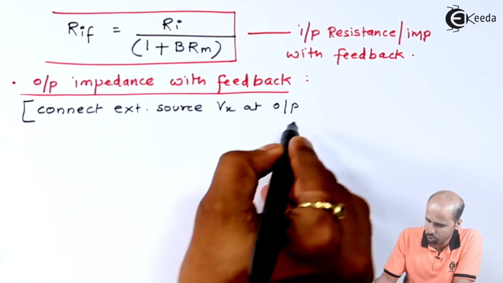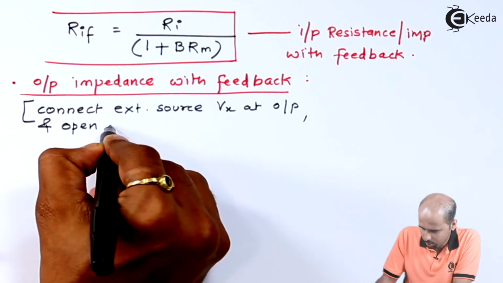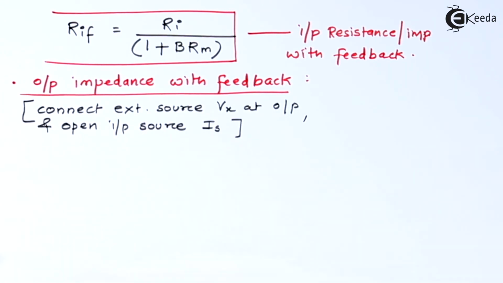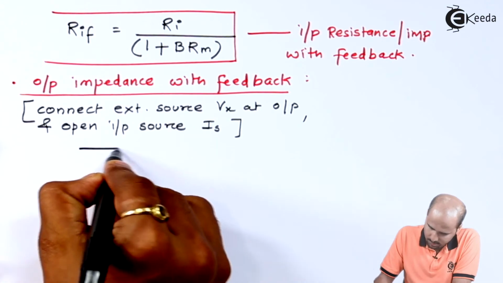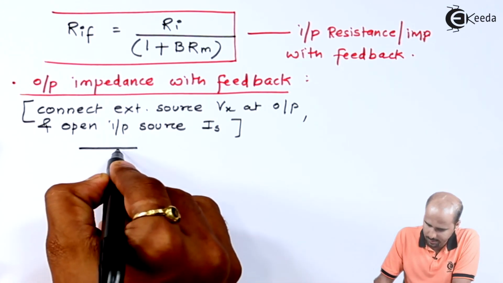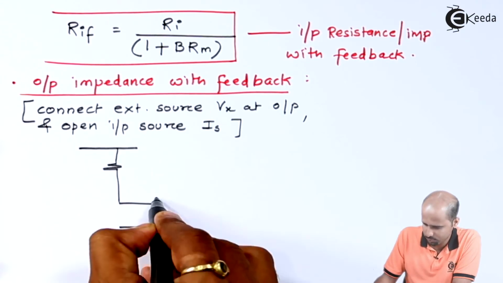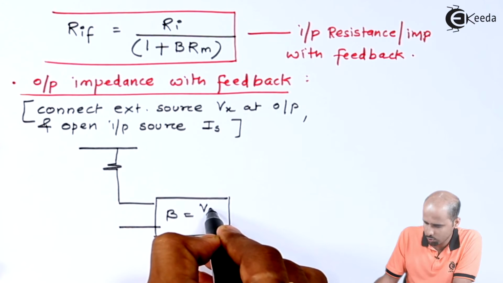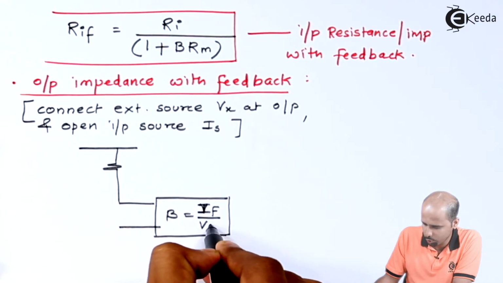So we have to open the input source. This is how we will do it. I will draw this circuit in short. We can say B is equal to If divided by Vo.